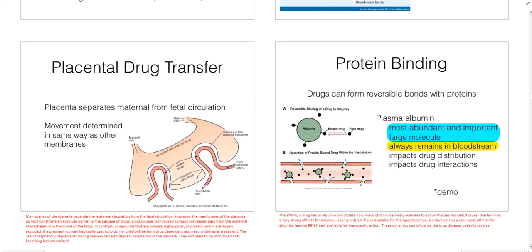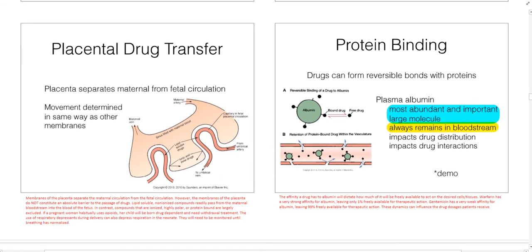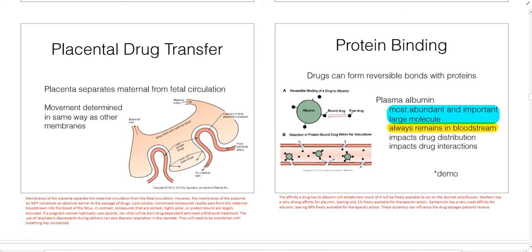Placental drug transfer. So when a woman is pregnant, you need to stop saying preggers. The placenta will separate maternal and fetal circulation, but similar to the blood-brain barrier, there are exceptions. The membrane of the placenta does not constitute an absolute barrier to the passage of drugs.